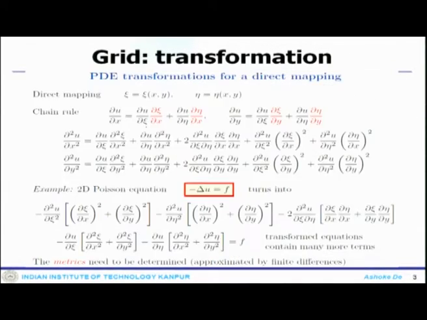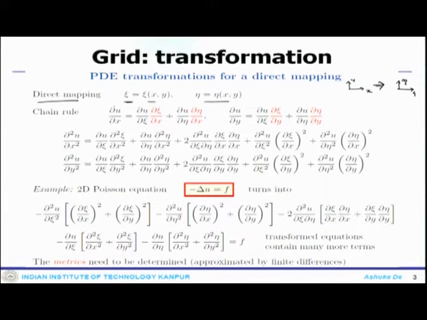So, how do you do that? How do you do the direct mapping? You have x and y, and from there you have mapped to xi and eta. So, xi is a function of x and y, and eta is also a function of x and y. So, you use the famous chain rule.